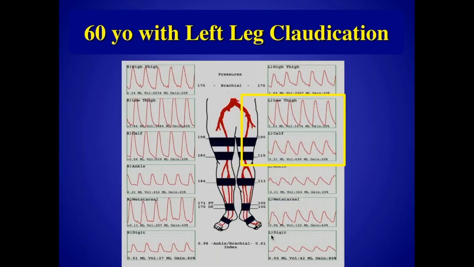We also have these waveforms that we see flanking the blood pressure cuffs, and these are pulse volume recordings. These recordings assess the pressure pulse. So when there's blockage to blood flow, we'll see that there's a decrease in the height or the amplitude of that pressure wave. And that also can be very helpful, as we'll see. And of course, we can always obtain Doppler waveforms.